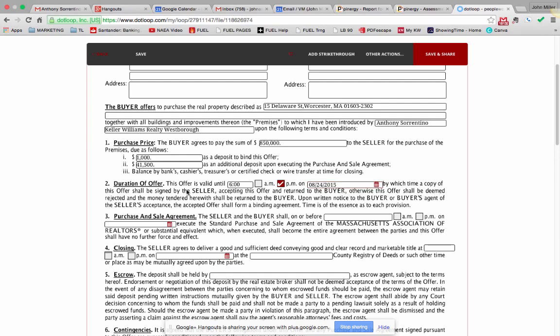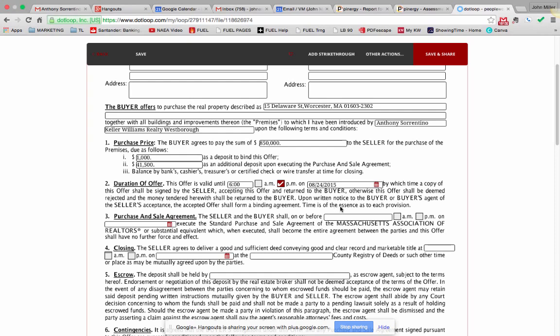Otherwise, this offer shall be deemed rejected. So if the seller doesn't get back to your buyer by this date and time, the offer is deemed rejected, and the money tendered herewith shall be returned to the buyer. Make sense? Yep. Upon written notice to the buyer or the buyer's agent of a seller's acceptance, the accepted offer shall form a binding agreement.